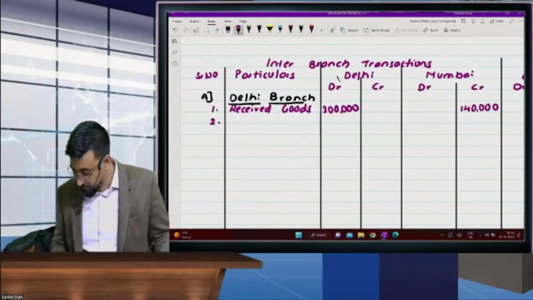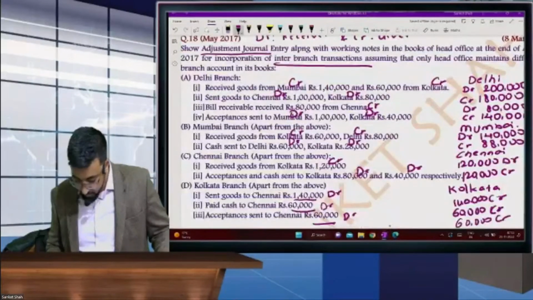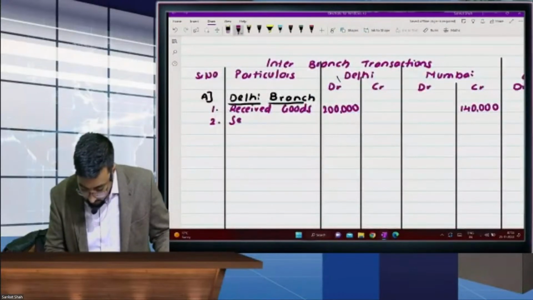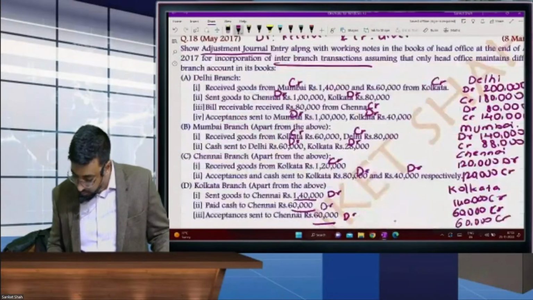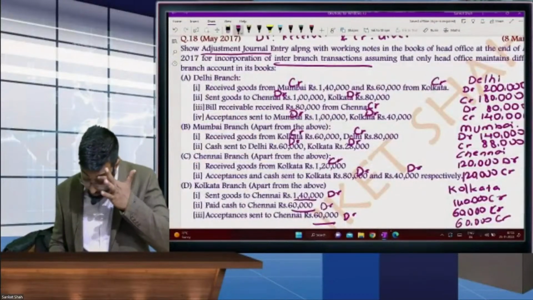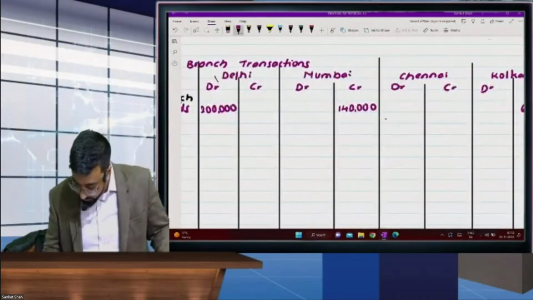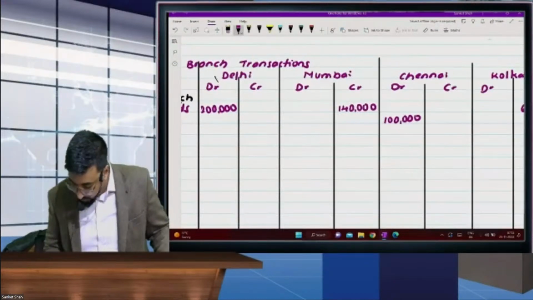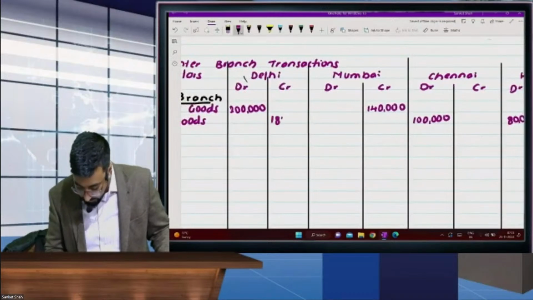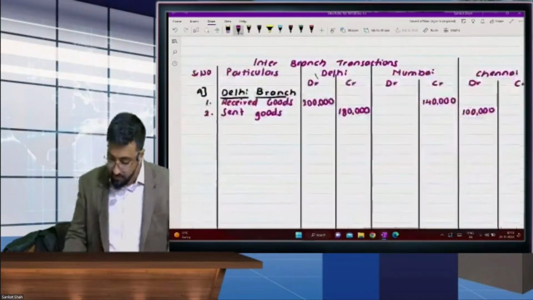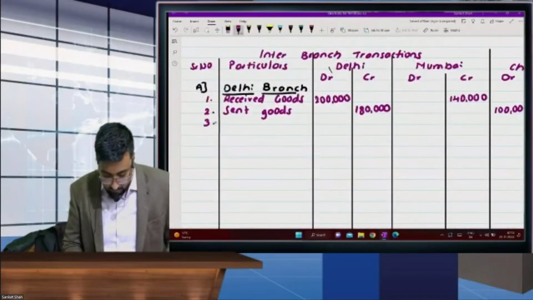Second one, send goods. 1,80,000 Delhi credit, and debit is Chennai 1 lakh, Kolkata 80,000. Chennai 1 lakh debit, Kolkata 80,000 debit, and Delhi 1,80,000 credit. Simple.